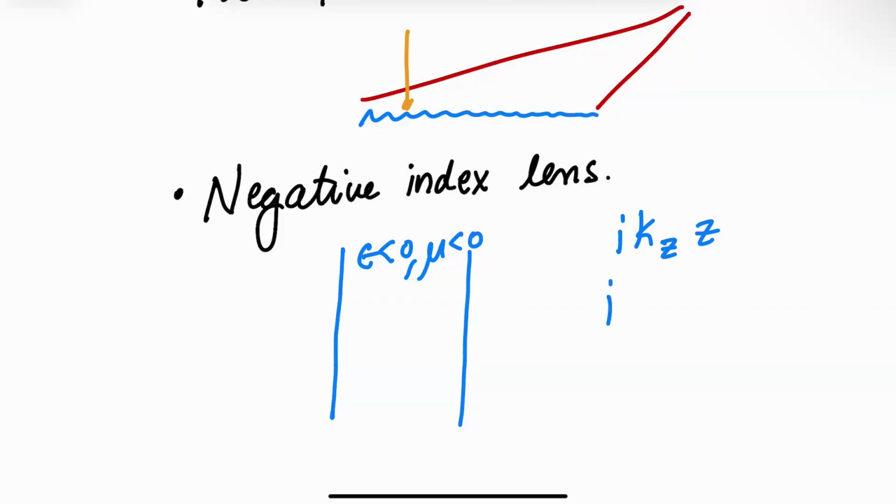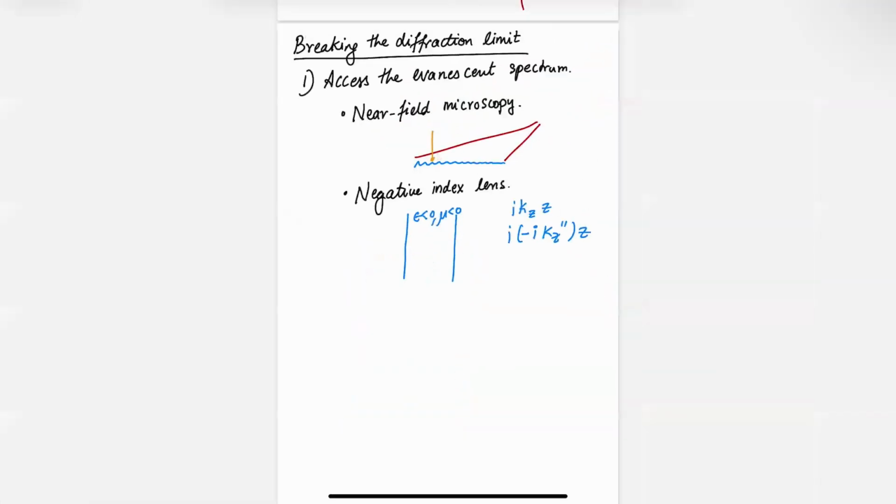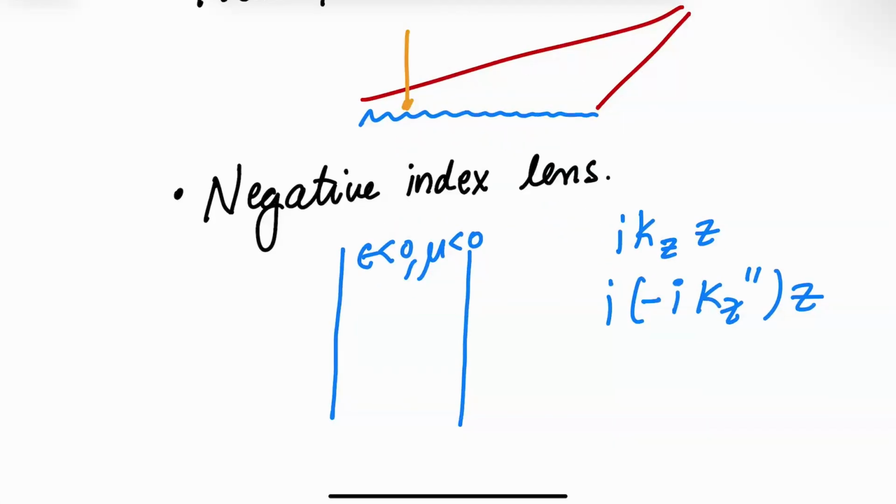Okay, so you get essentially a cancellation of i's. So you get i times kz double prime. Then these go away. So you don't get i times i, you get a negative i. So instead of positive i, when you do i times i, you get a -1, and this becomes plus kz double prime z. And that's what a negative index medium does.